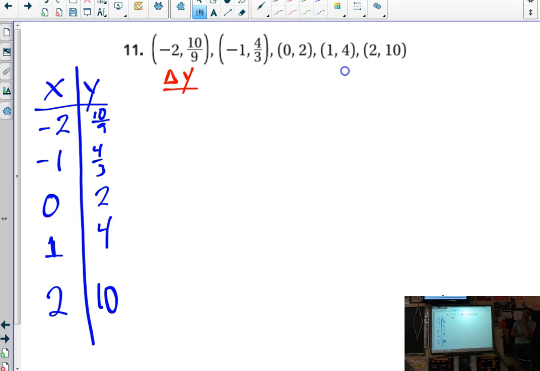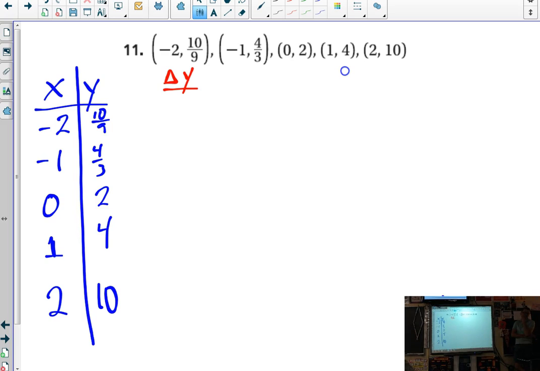Looking at the change from 10 ninths to 4 thirds is like somebody asking you if you'd like battery acid in your Cheerios. It just doesn't look fun, right? Like, no, why? What could we do to make evaluating those two values easier?